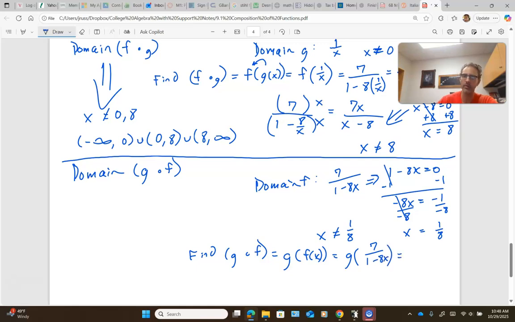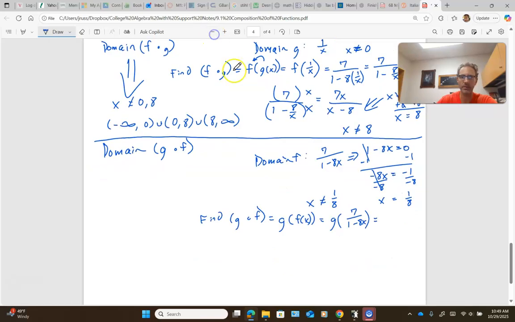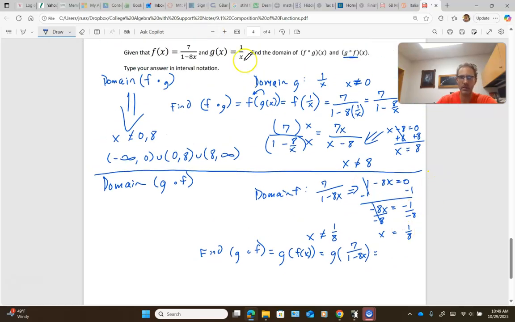Okay, so that's what we plug into G. I'm going to zoom out a little bit so you can still reference those two functions. So 7 over 1 minus 8x, that's going into G. Well, where's the x in G? It's down here. It's in the denominator. So this will become 1 over 7 over 1 minus 8x. Okay?